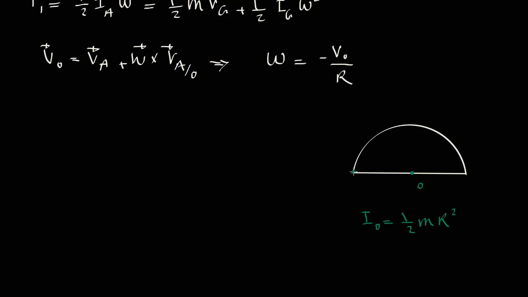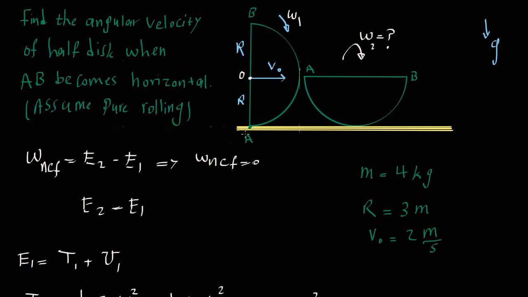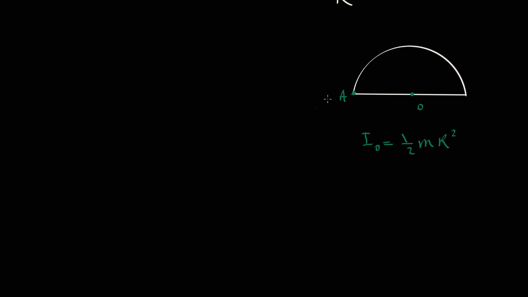We want to see what is the moment of inertia around this point A, because this is basically what we have here. We have to calculate the moment of inertia for this disk around this point A. So in order to do this, we had also the parallel axis theorem.